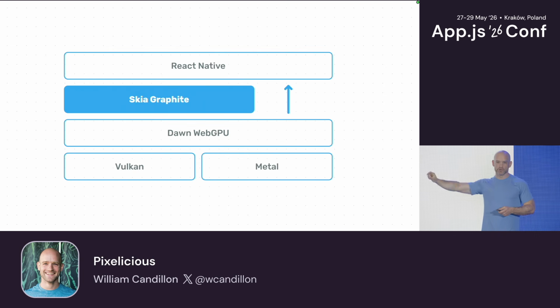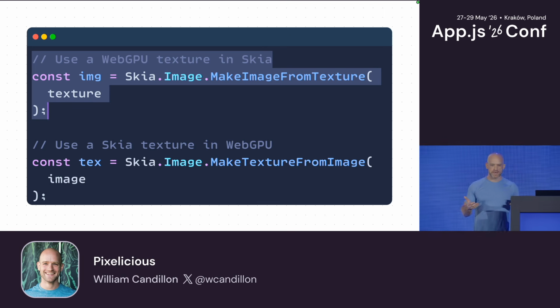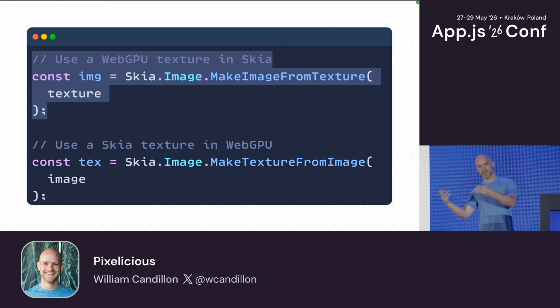And because we have a unified runtime across libraries, we can run libraries like Three.js and Skia together. This can be done through two APIs: you can, at zero cost, use a WebGPU texture directly in Skia, and as well bring a Skia image into a WebGPU scene.